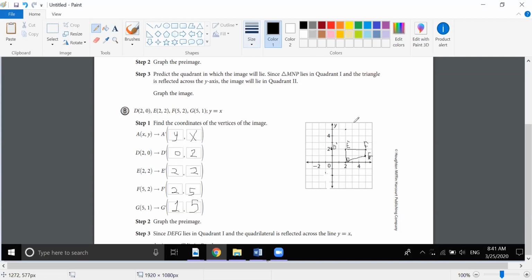This is F prime. And (1, 5) in here is G prime. Let's connect the points together.